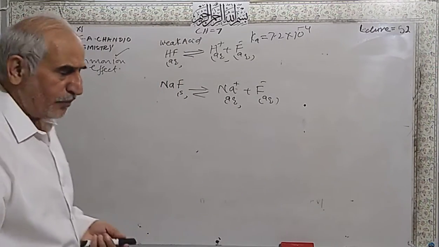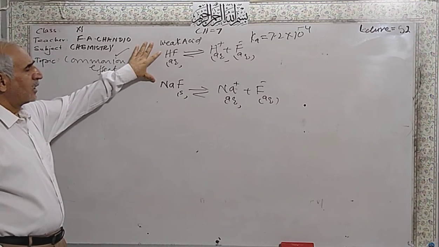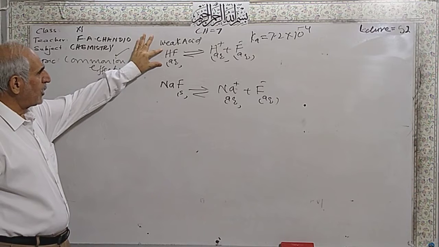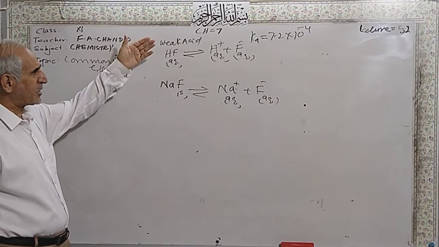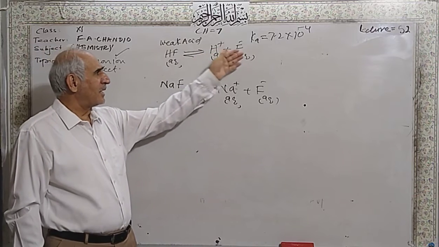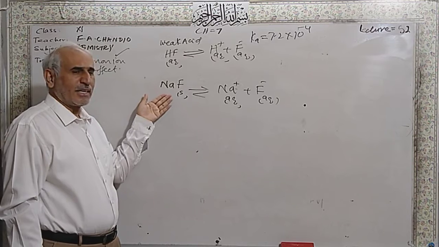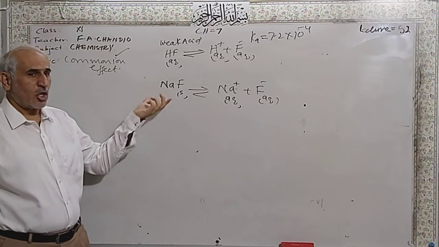So dear students, we have these two different compounds. Hydrofluoric acid in one test tube is a weak acid, its dissociation constant is small, and it is partially ionized in water. In the second test tube, you have sodium fluoride salt.